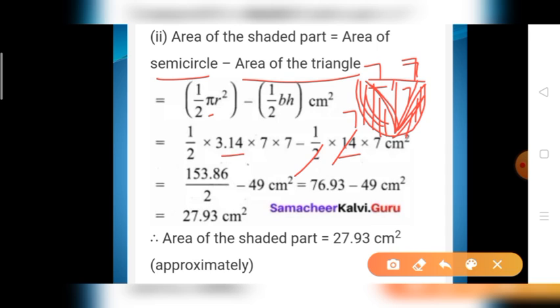On this side 3.14 into 7 into 7 gives 153.86 divided by 2, minus 7 sevens are 49. Dividing by 2 gives 76.93 minus 49, and subtracting gives 27.93 centimeter square. Therefore the area of the shaded part is approximately 27.93 centimeter square.